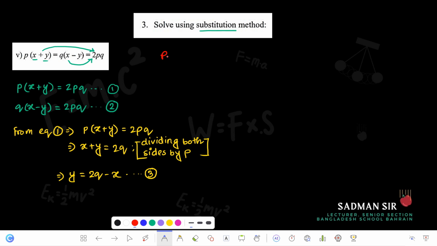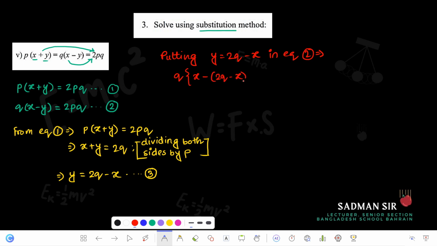So putting y equal to 2q minus x in equation 2. So equation 2 is q into x minus y. So y will be replaced by 2q minus x.